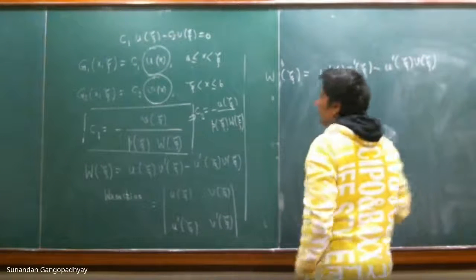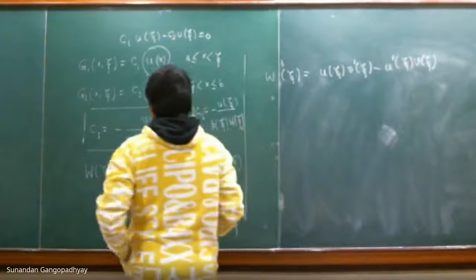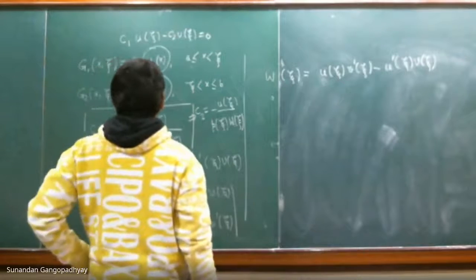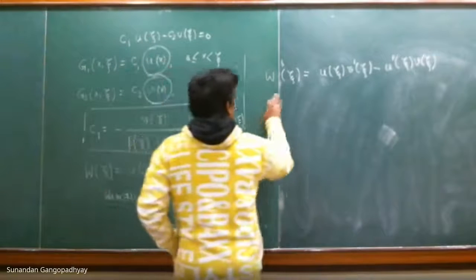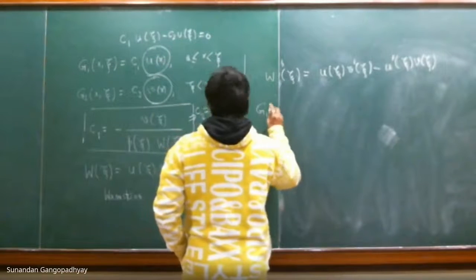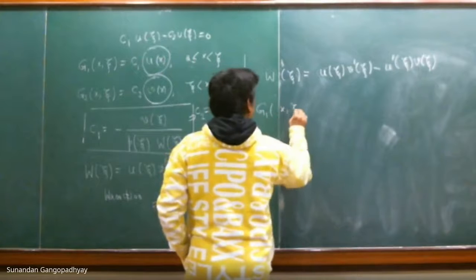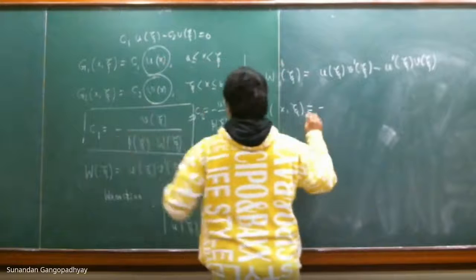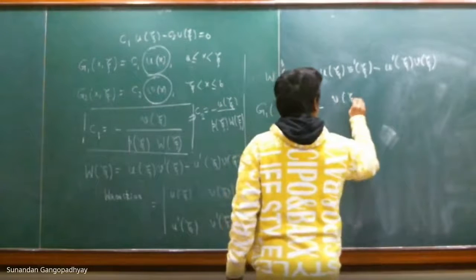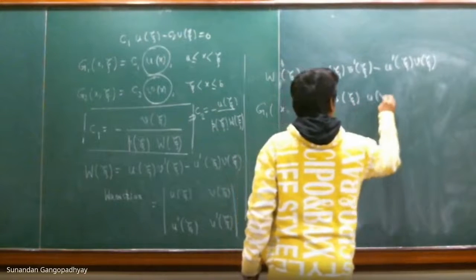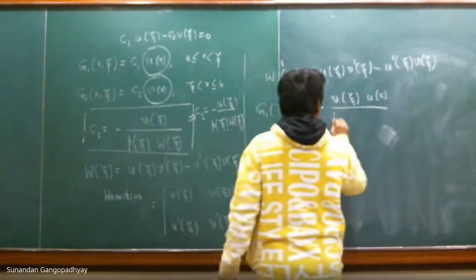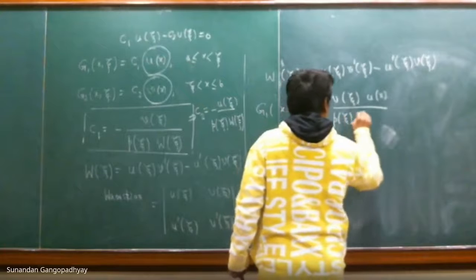This is the Wronskian, and let me write down what G1 is. G1 x comma xi. This is the final solution. C1 is this, so G1 will be V of xi U of x divided by P of xi W of xi.